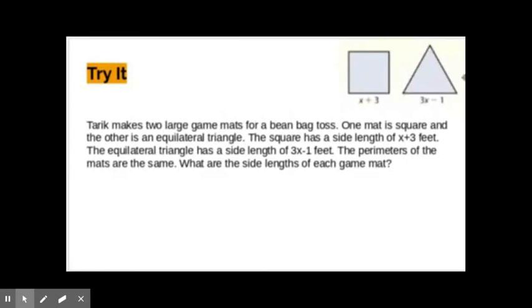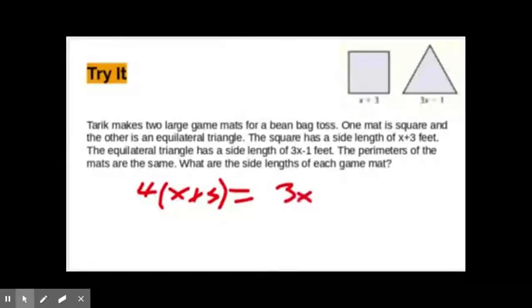So we can set the equation of that x plus 3, added together 4 times for the square, equal to that 3x minus 1 added together 3 times. And that's how we would set up our equation.